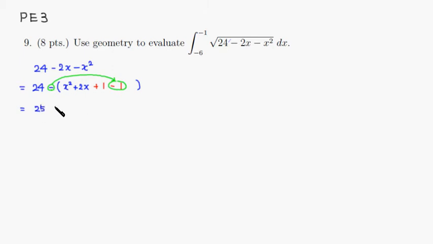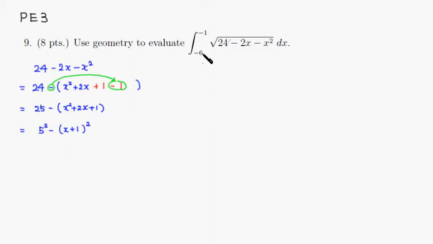Then we keep those 3 terms together, so you have x squared plus 2x plus 1. And this is equal to, conveniently, 25, which is 5 squared, minus the quantity x plus 1 squared, since it's just x, half of 2 which is 1.